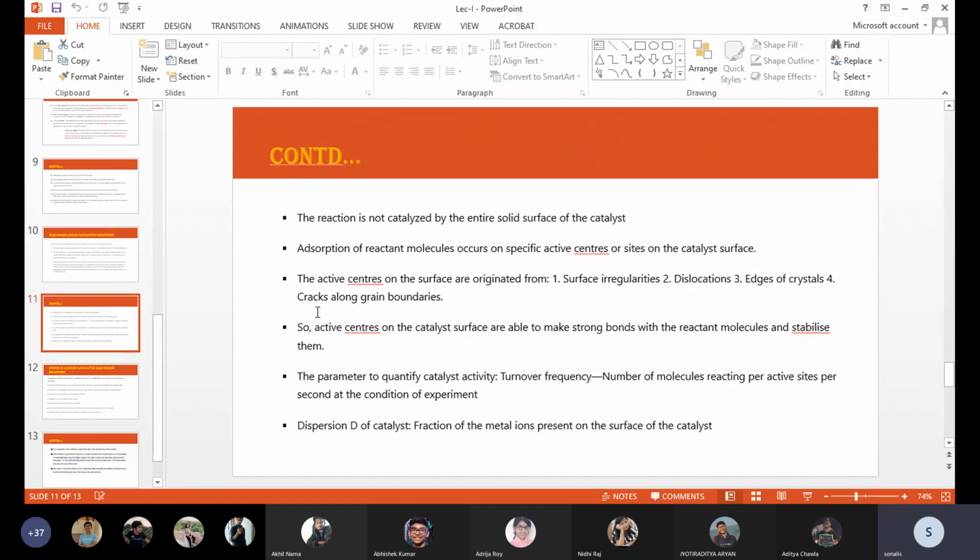You might have remembered that whenever we do a reaction with a solid catalyst, the solid catalyst has definite active centers, or active points, or active sites, where the chemical reaction actually happens.